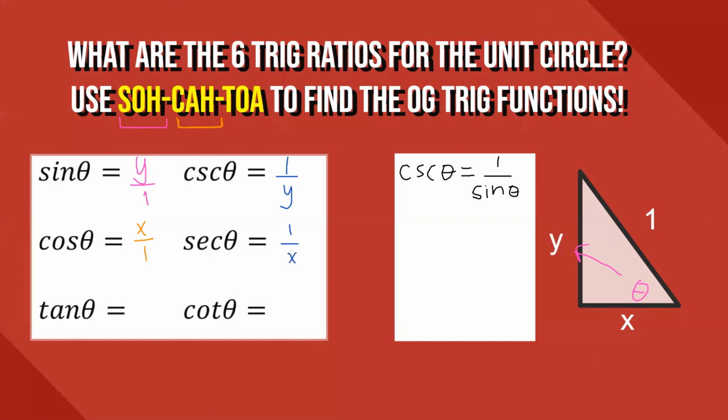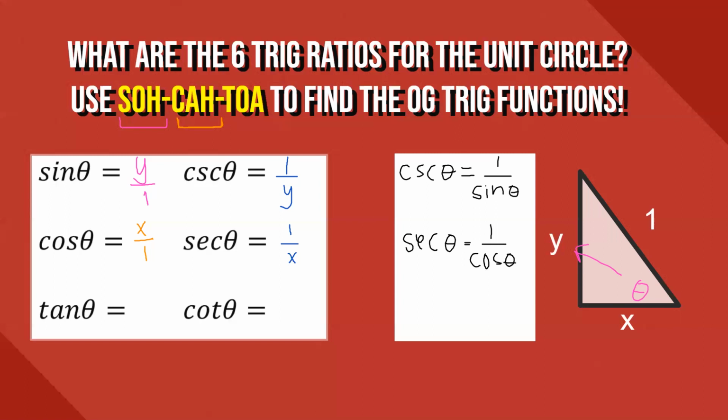And if secant is defined as 1 over x, I can get a little crazy with it. Secant of theta, if cosine is x, 1 over x is really 1 over cosine theta.